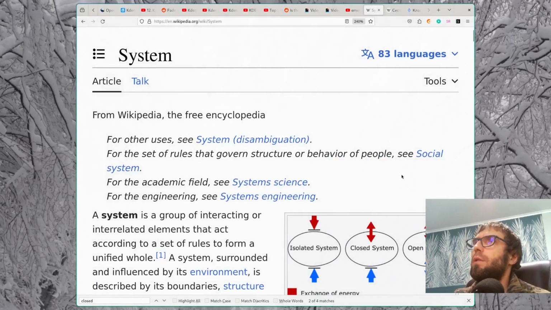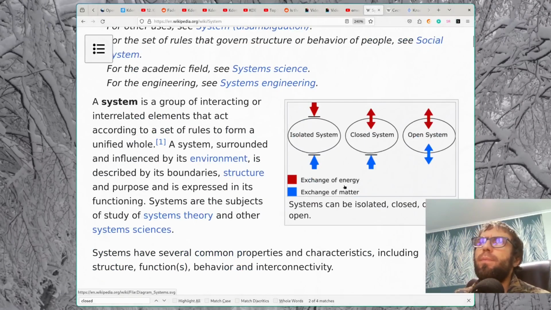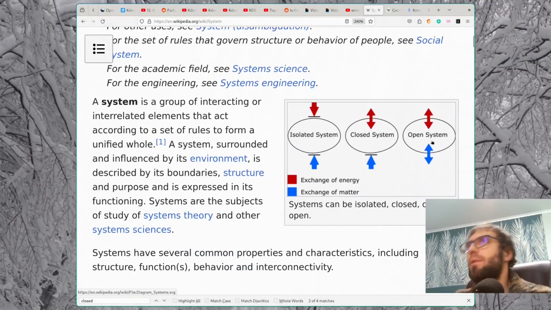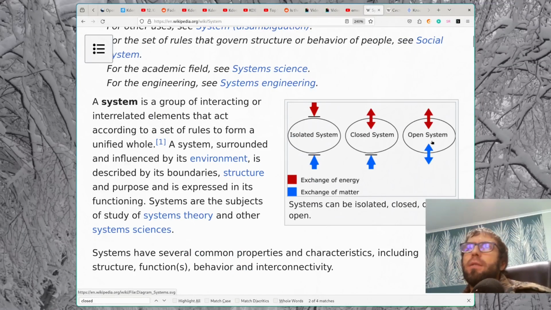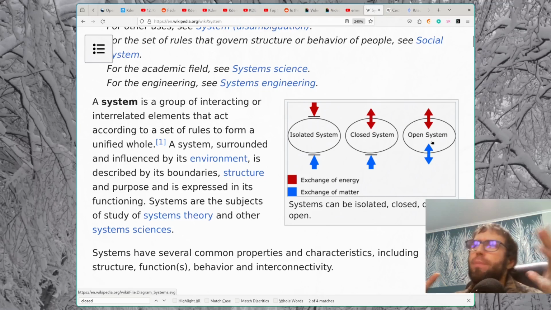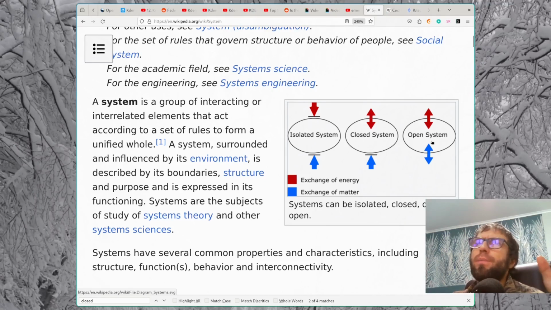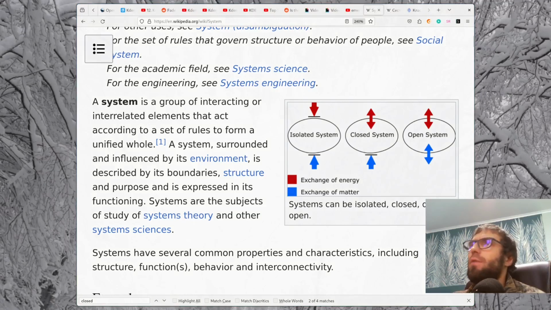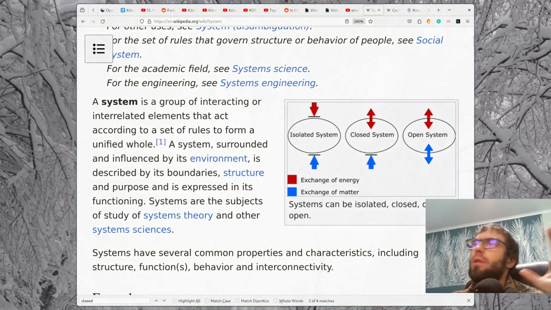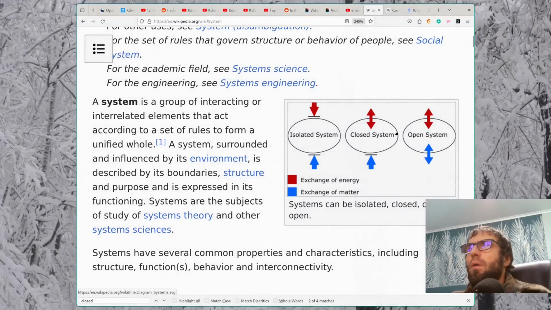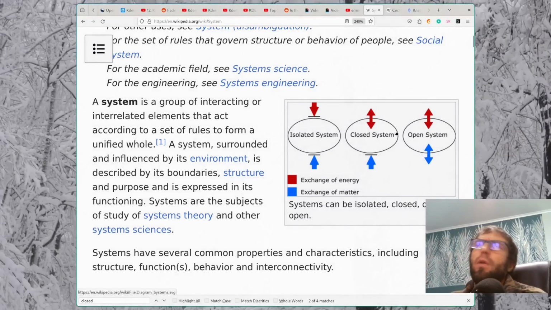Also, we can classify systems as isolated, closed, and open. An isolated system has no exchange with its environment. It doesn't exchange energy, matter, or information. It is completely closed inside itself. Can you find a totally isolated system in our world?